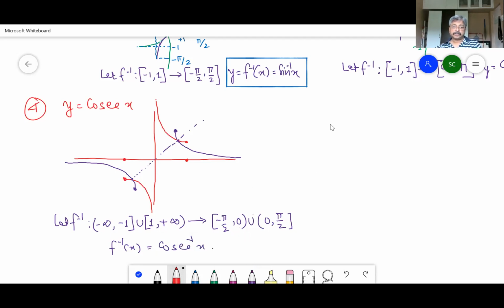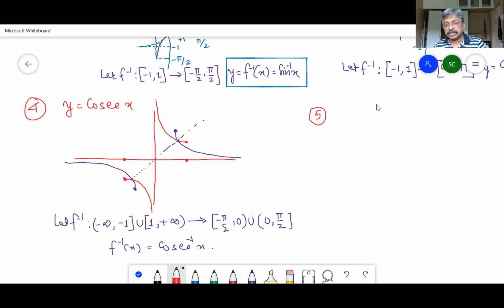Fifth, now we keep symmetry between sine and cosec, symmetry between cos and sec, and maybe tan and cot will be a little different because cot inverse will be decided by cos.